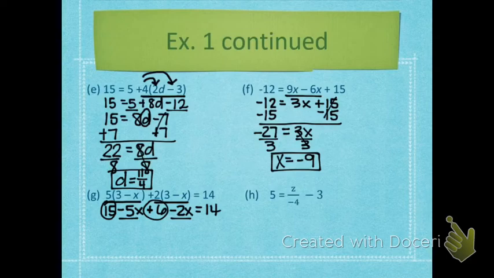No. Add and keep. So when we add and keep, what do we get? Careful. Negative 7x. What's 15 plus 6? Positive or negative? Positive 21. Again, add and keep. All right. What's our next step? Add or subtract. So what are we adding or subtracting?